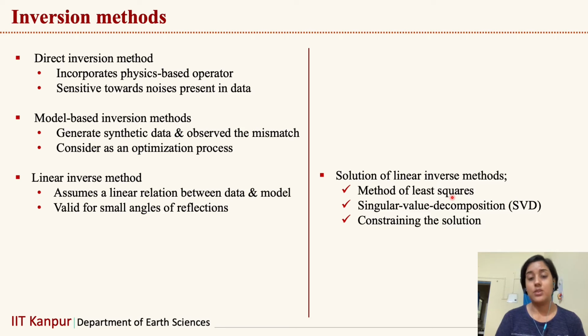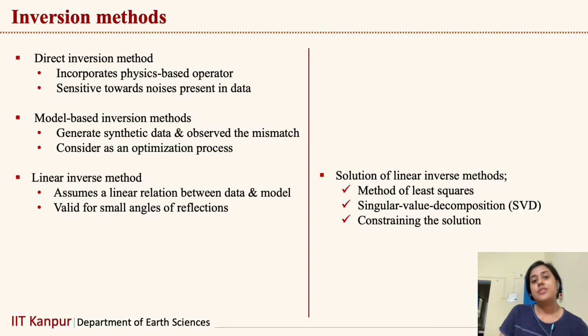So that's why it's a non-unique problem. Also, the assumptions that we use bring kind of noise into the data. So due to all these factors, we try to constrain the solution space, or the model space.